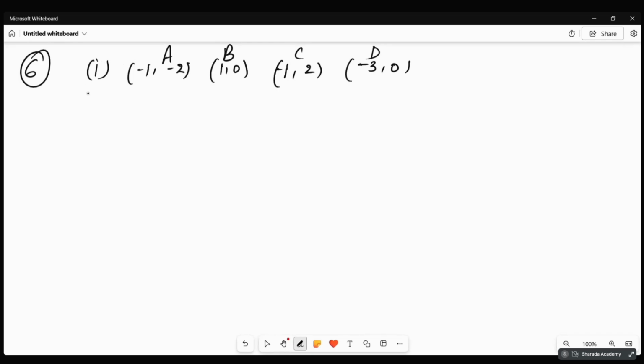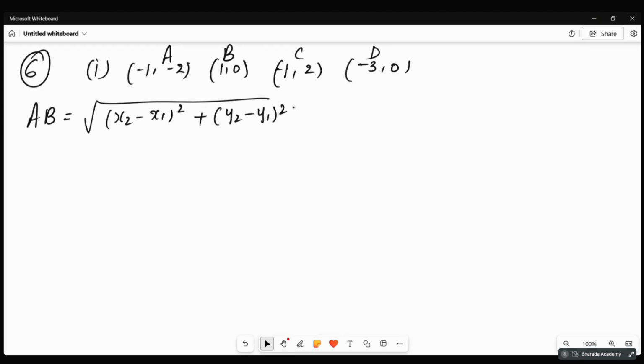Which formula are we using now? AB is equal to root of (x2 minus x1) whole square plus (y2 minus y1) whole square. This is the distance formula, the distance between the 2 points, or the length of the side also we will know from that. So what AB will you get here?